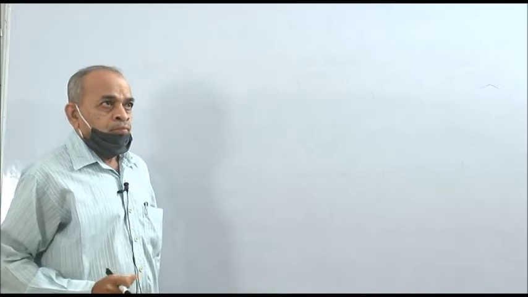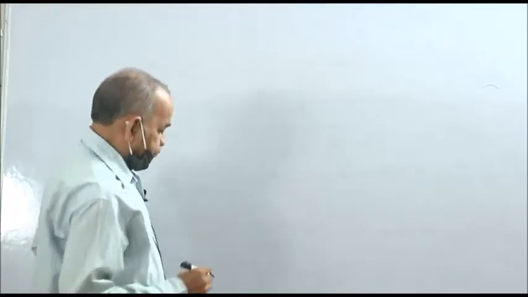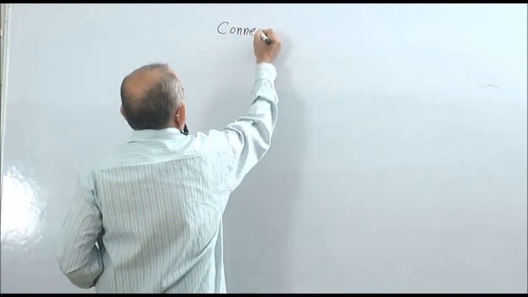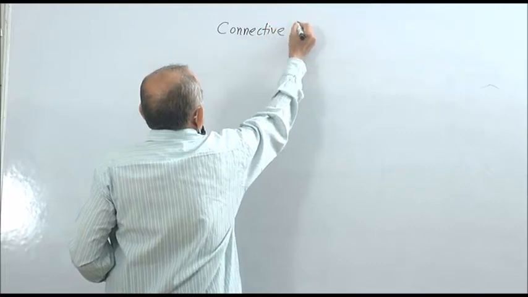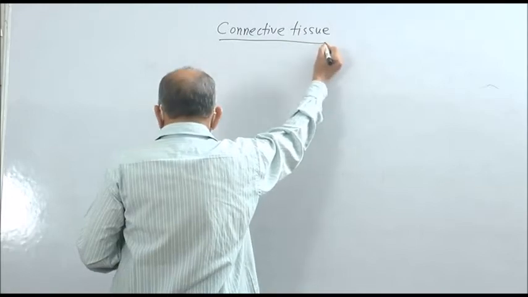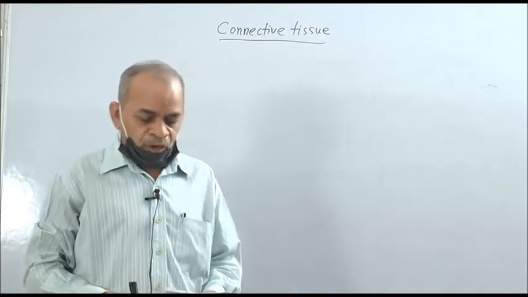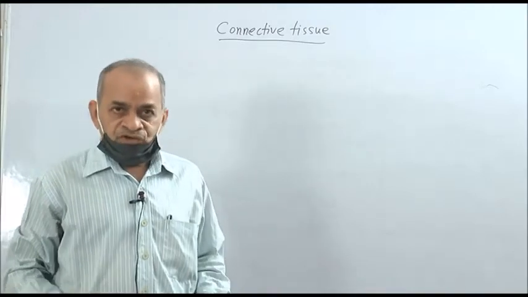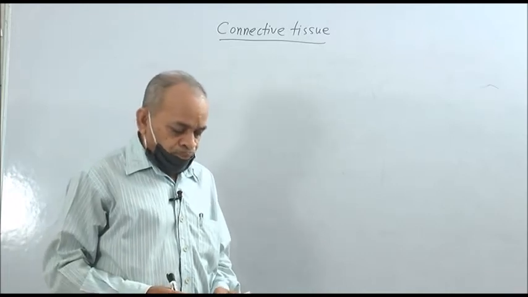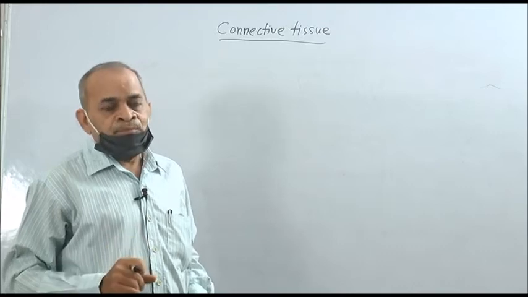So, we will discuss connective tissue. The main feature of connective tissue is the presence of a large amount of intercellular substance or matrix.